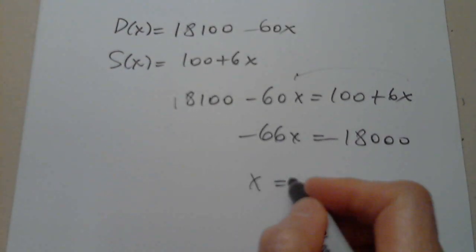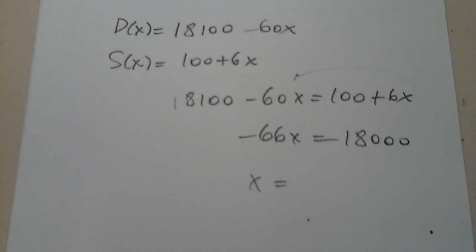So then x equals, and when I divide 18,000, I normally would just divide by 3 and then divide by 2. It's very simple. But let's do this. So 18,000 divided by 66. And I'm assuming they don't want type 1 order pair, do not include the symbol.